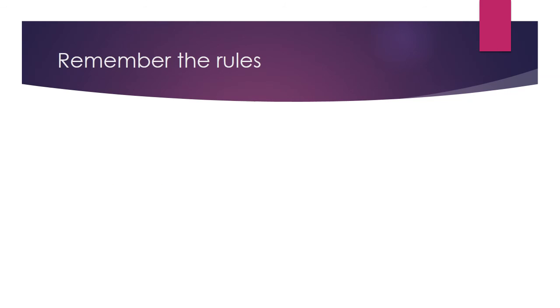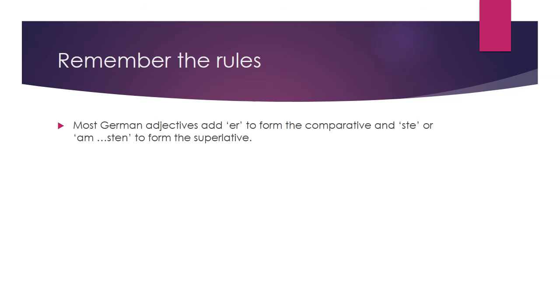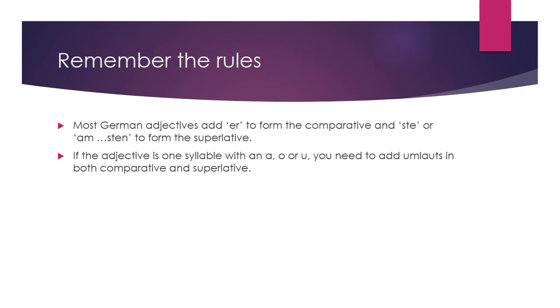So just think through those rules again for forming the comparative and the superlative. In summary, most German adjectives add an ER to form the comparative, and STE or AM and STEN to form the superlative. If the adjective is one syllable with an A, O, or U, you need to add umlauts for both comparative and superlative.